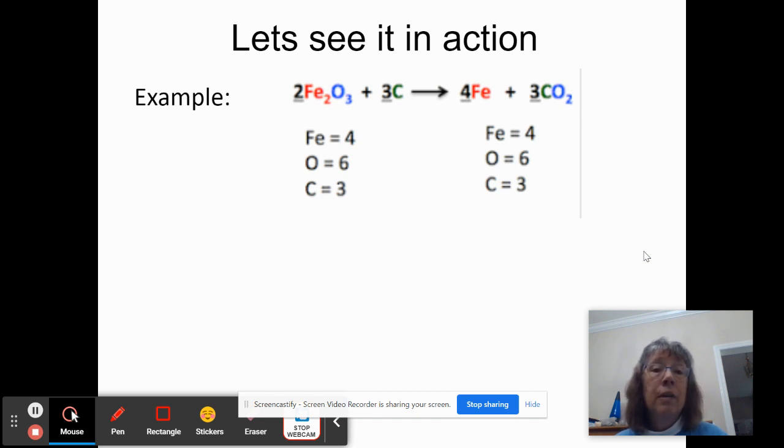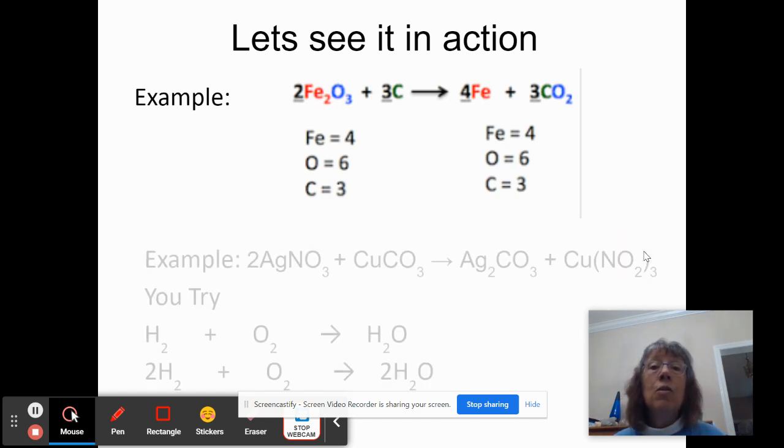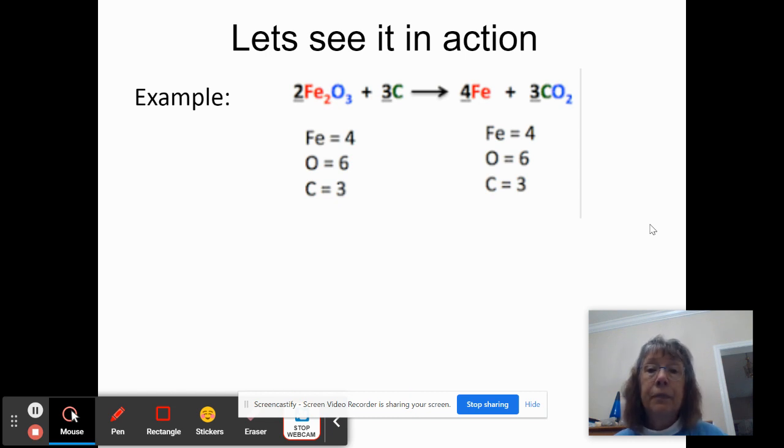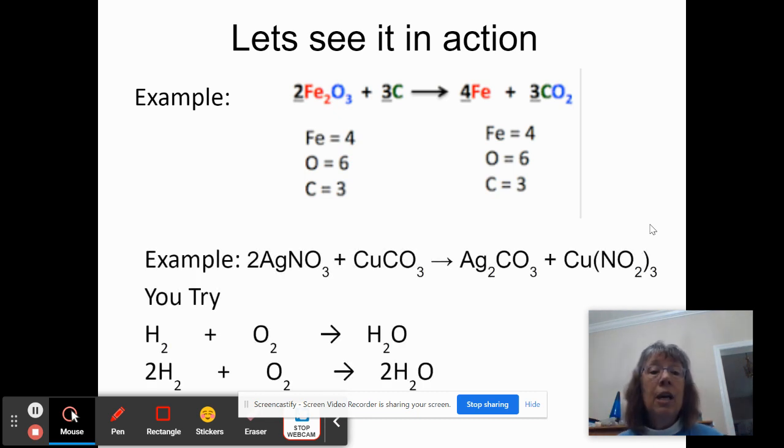Fe is 4, that's the iron, and on the other side, because you have the 2 times the 2, that's on the reactant side, and on the product side, it's 4 iron by itself and 3 CO2s. So you've got the iron on both sides balanced, the oxygen on both sides balanced, and the carbon on both sides balanced.